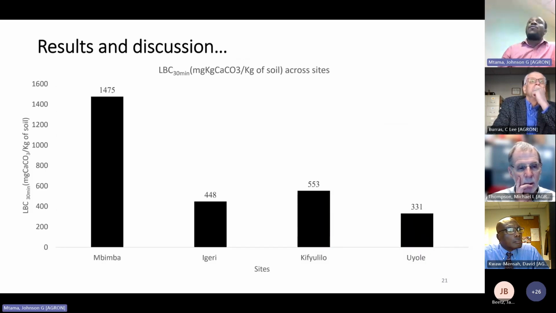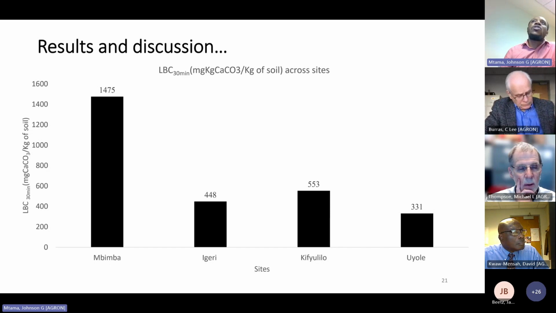So these are the results for lime buffering capacity. We had the highest lime buffering capacity at Mbimba, where around 1,475 milligrams of calcium carbonate were required for 1 unit in these soil systems of Mbimba.